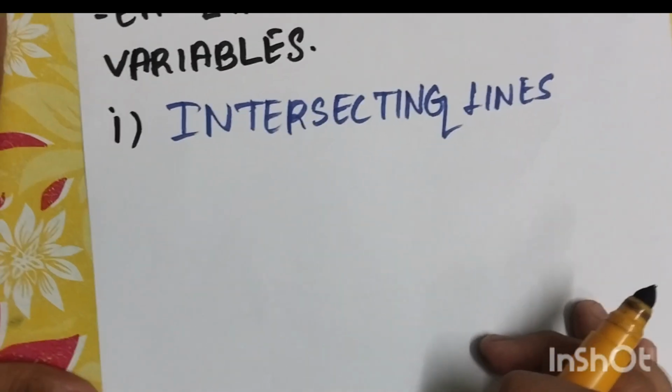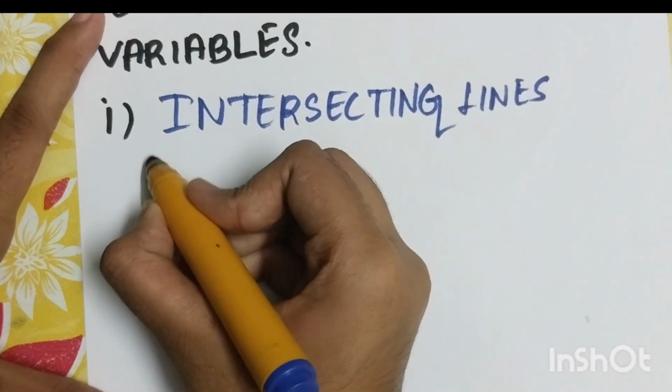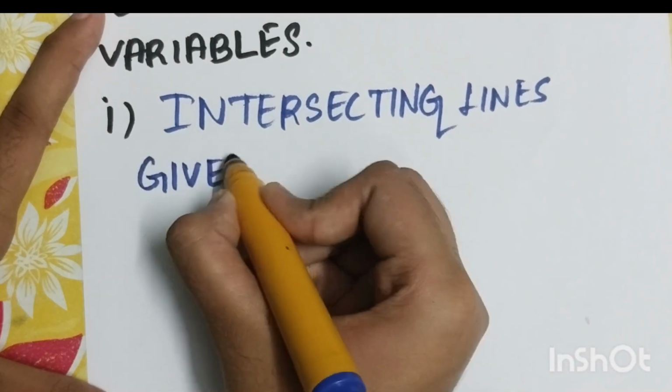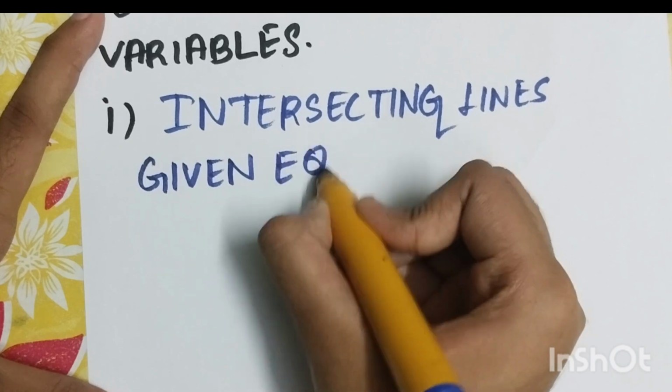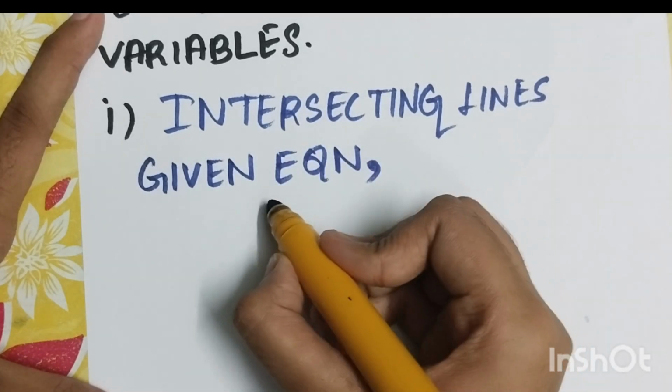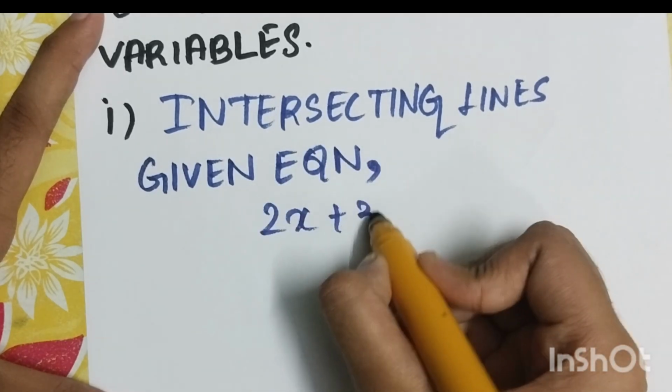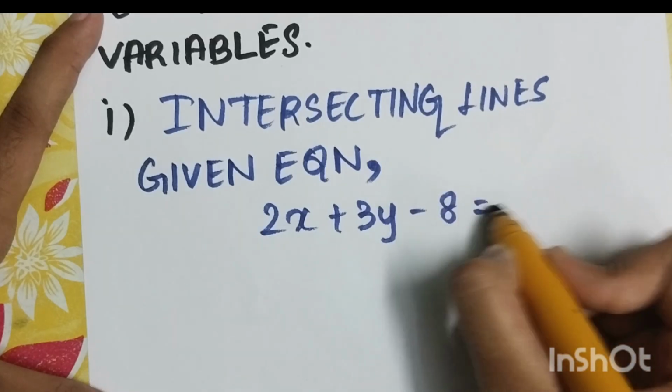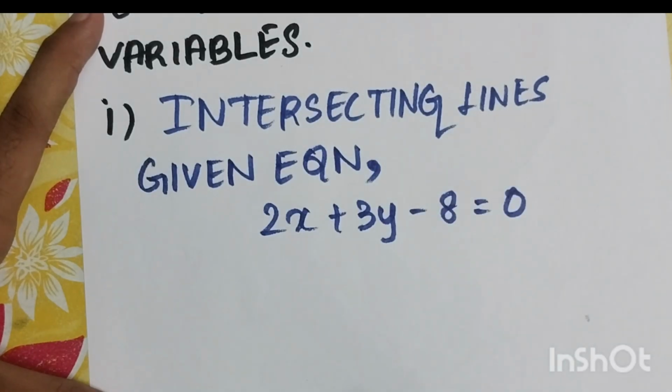So I'm going to write first the given equation, which is nothing but 2x plus 3y minus 8 is equal to 0. Clear?